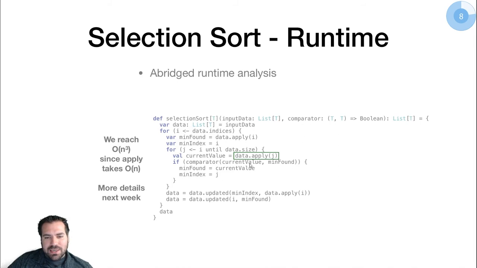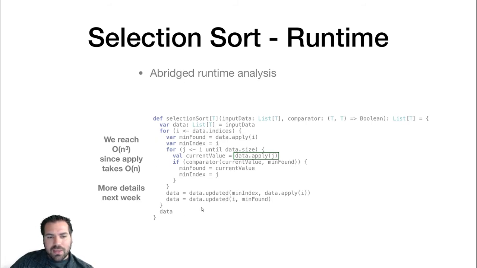And oops, actually, we get an O of n squared or O of n cubed runtime because of this specific implementation. Data.apply, the apply method of a list, is an O of n runtime method. And also, since I have an apply out here, these swaps are going to be O of n time as well.